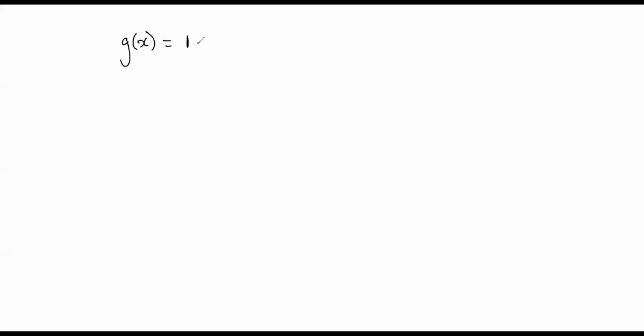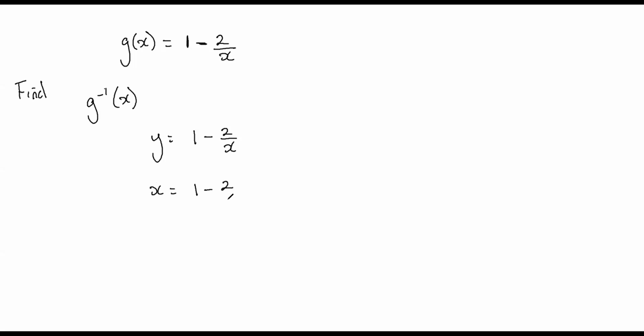g of x is 1 minus 2 over x. Find the inverse of the function. What's the first thing you've got to do? y equals 1 minus 2 over x. Now what? Interchange them, so it will be x equals 1 minus 2 over y.